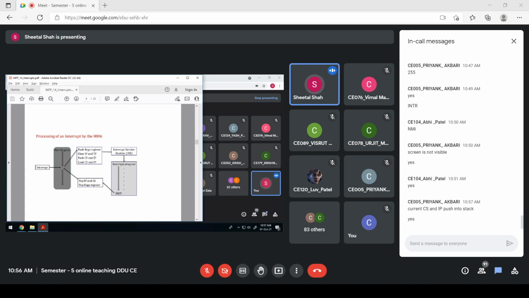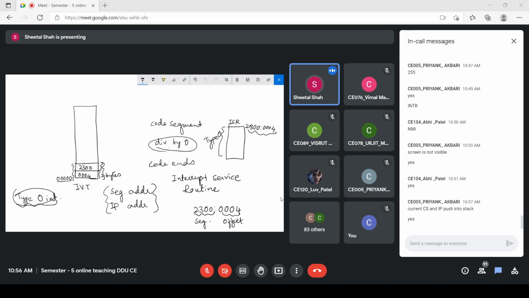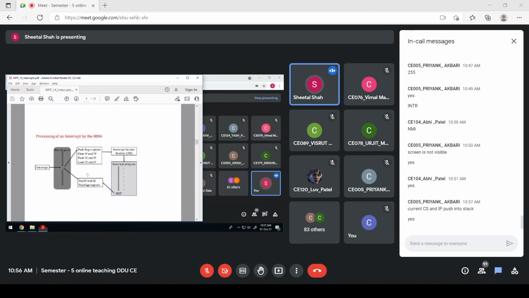Then it loads the CS and IP, which are provided in this interrupt vector table. So first the current CS and IP should be pushed onto the stack, and then it has to read the address of the interrupt service routine from the interrupt vector table. Is this clear, all of you? So now the new CS IP value would be 2300 as well as 0004.